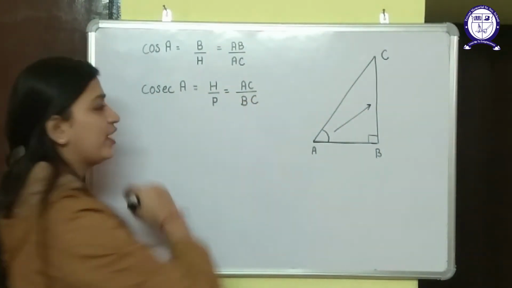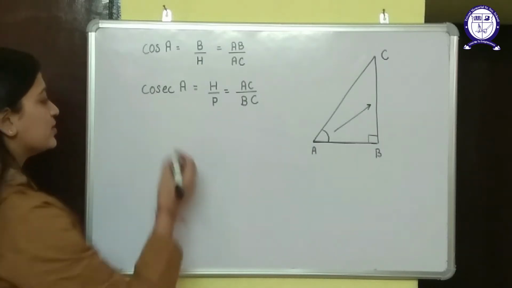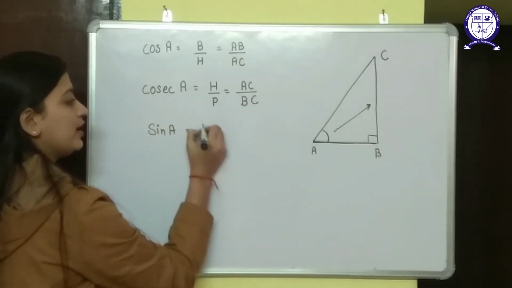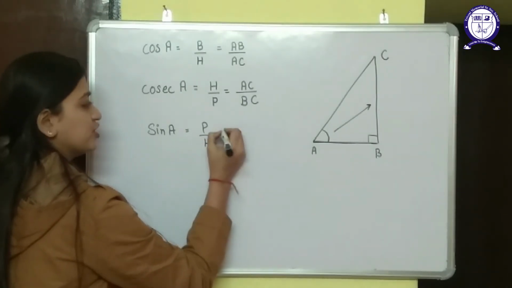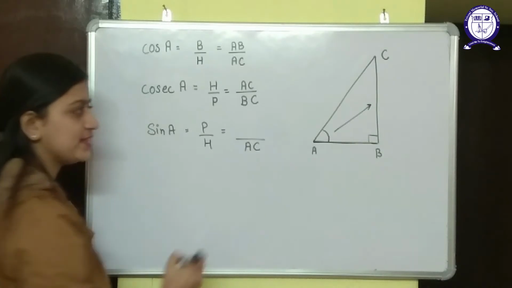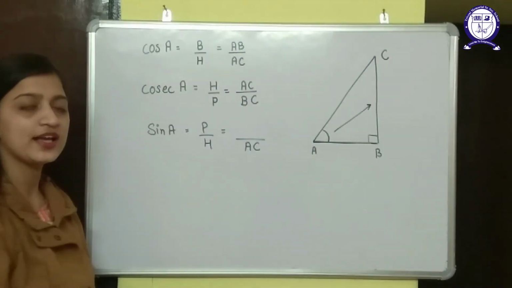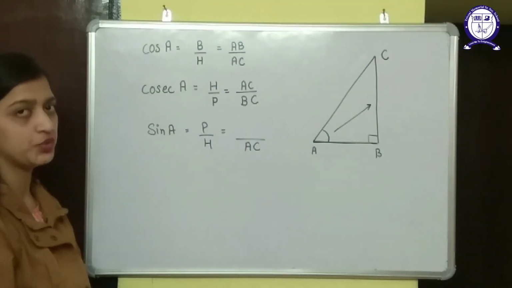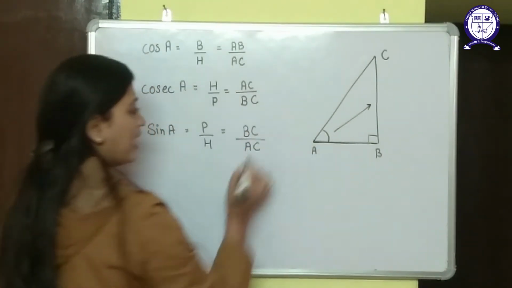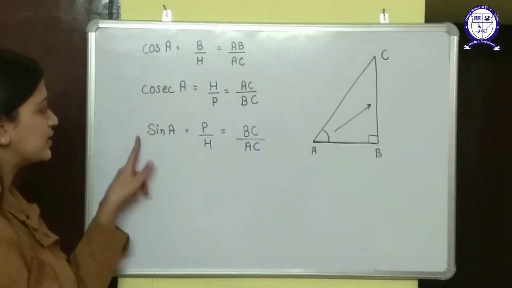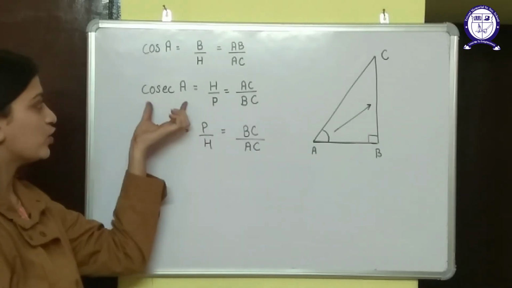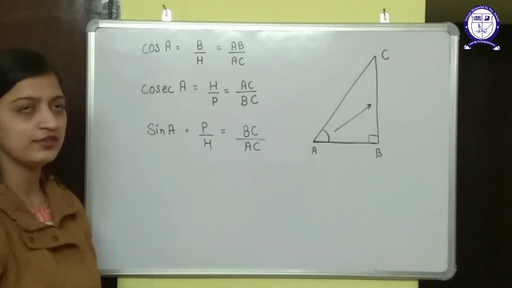So this will be my cosec A. Now similarly, if they ask me sine A, the formula will be P upon H. H remains same, that is my hypotenuse AC, and perpendicular is again the side opposite to the angle, that is this side BC. And you can see that sine and cosec are reverse of each other, that the value of sine A and cosec A will be reciprocals.